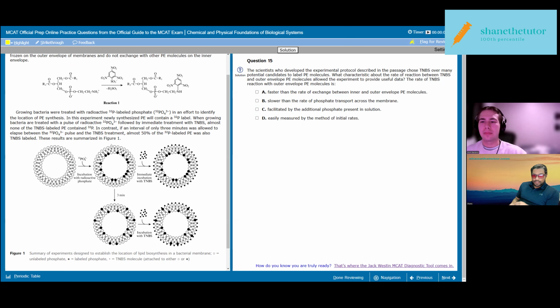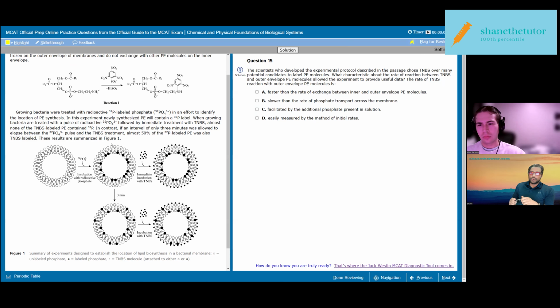So they're asking why, there's lots of things you can use to label PE molecules. Why use TNBS, right? And it seems like the TNBS enables us to have a difference whether we do it immediately after we incubate the thing with radioactive phosphate or if we wait, right?